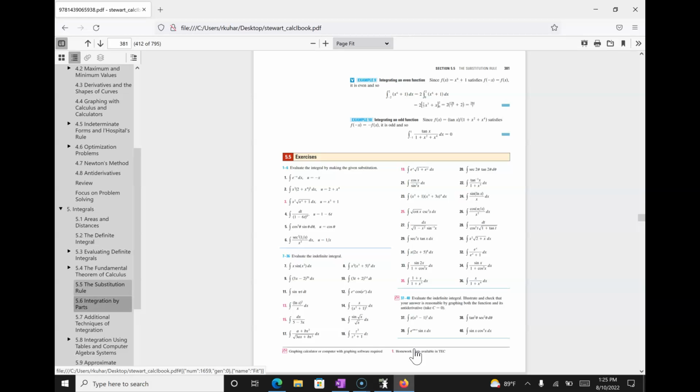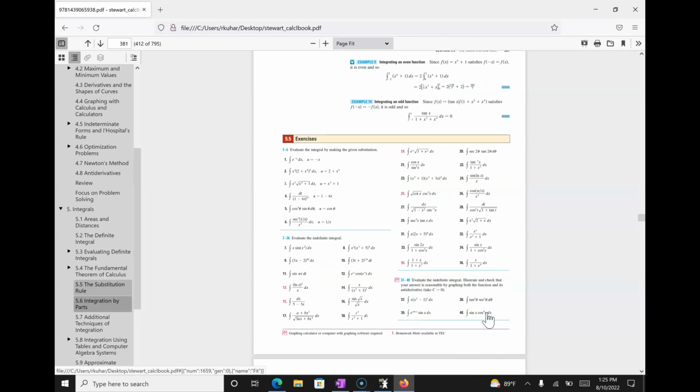And let's see if we can find one. What do you think? You see one there that looks like it might fit the bill? Where I can take the whole downstairs as u?